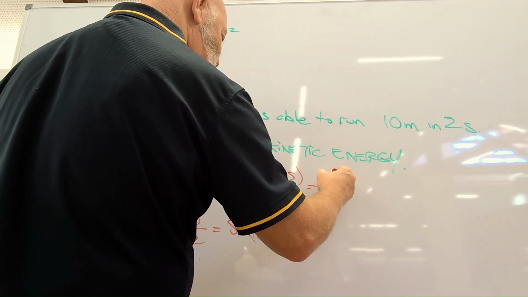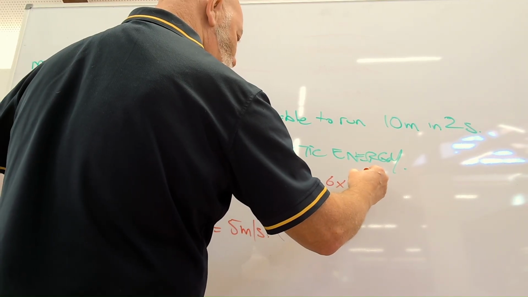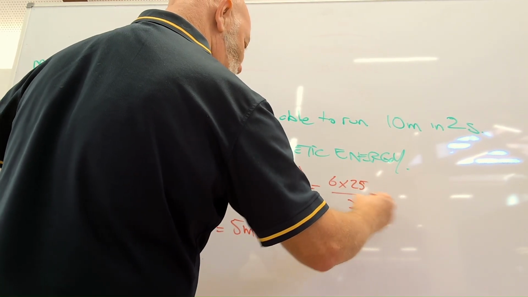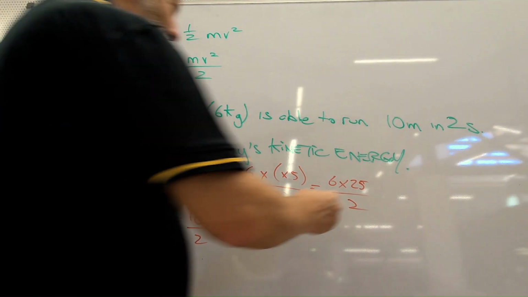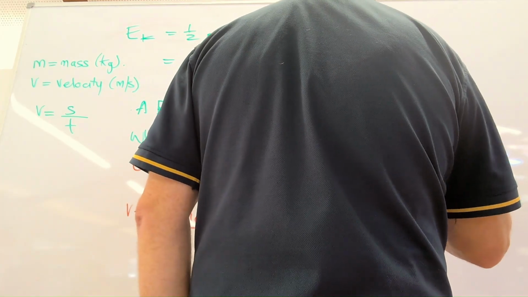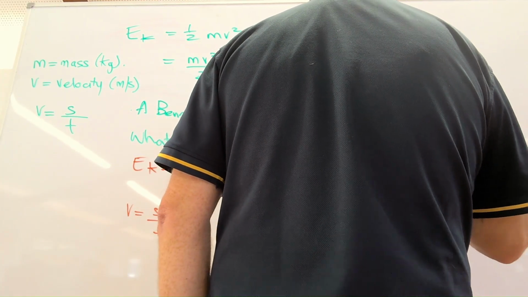That equals 6 times 25 divided by 2, which is 150 divided by 2, which is 75. And what are the units? Joules. Well done, joules.